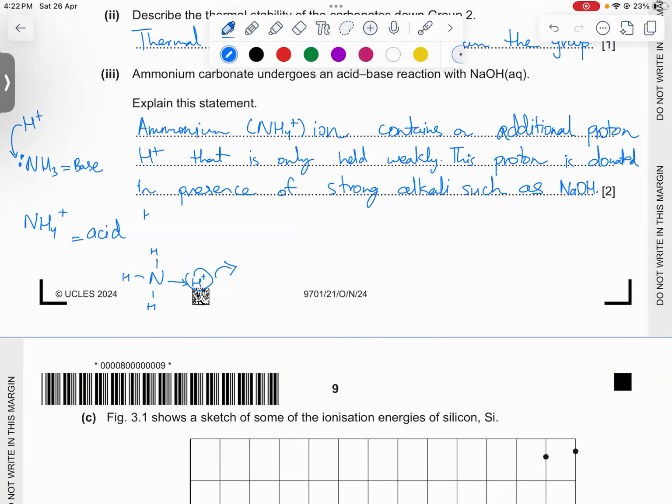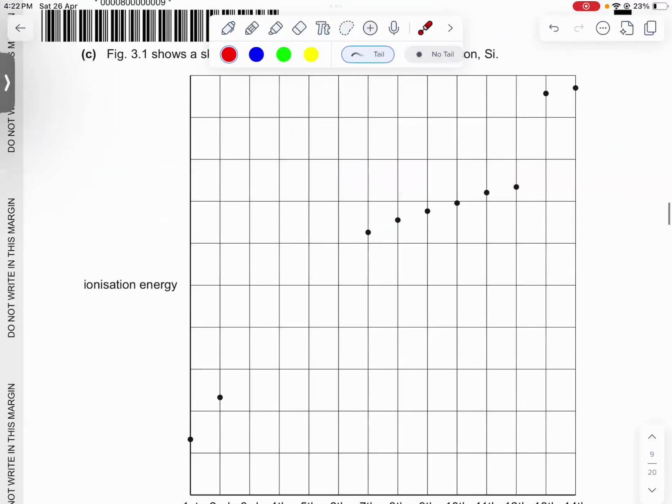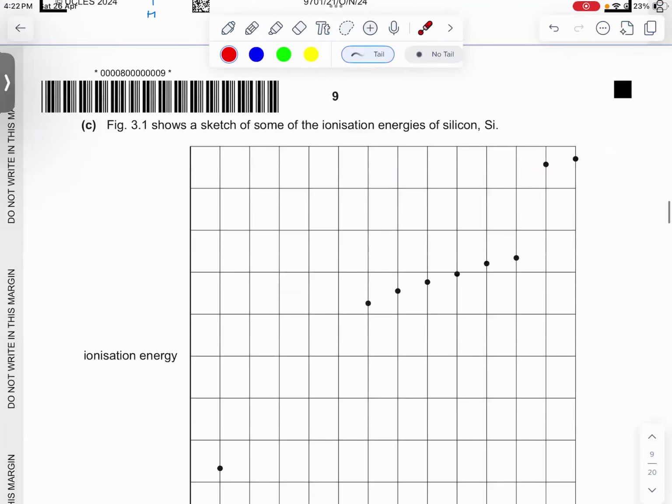Full stop. Hence, NH4 plus acts as proton donor, that is, an acid. And which kind of acid? If it is a proton donor, it is going to be called an acid because Bronsted-Lowry theory states that. You have to know that this was the statement given by Bronsted-Lowry.